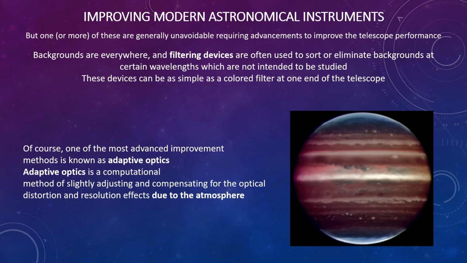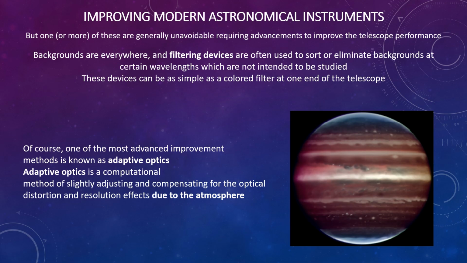A lot of these obstacles can be overcome by making some adjustments, but there are some that are just generally unavoidable, like that turbulence of the air. No matter where you put it, you're still going to have a little bit, and you're still always going to have some background noise as well. And so you need filtering devices to eliminate background noises.